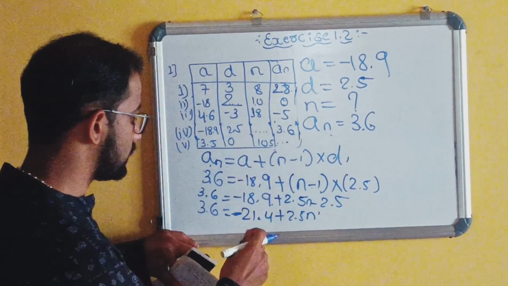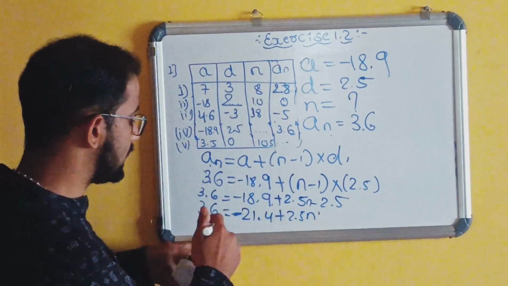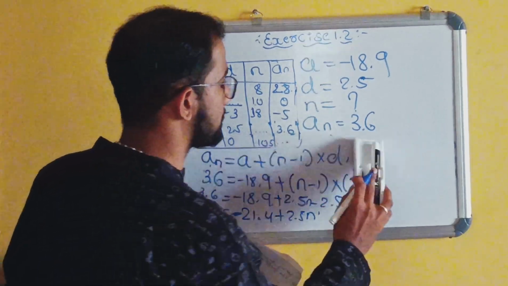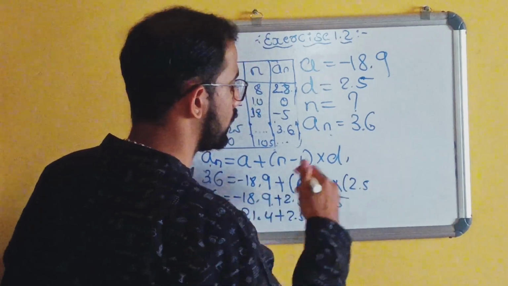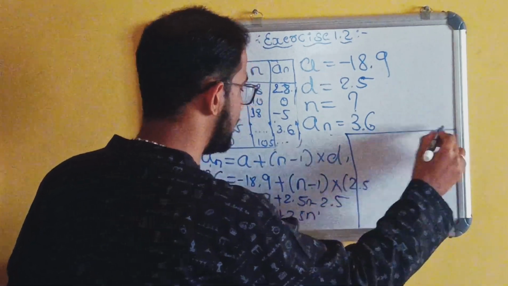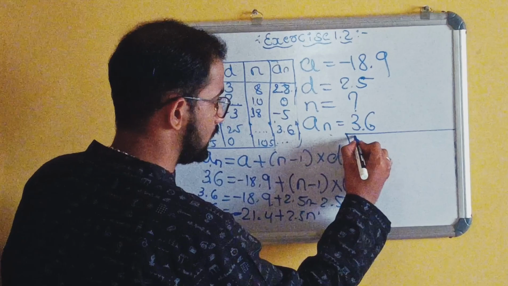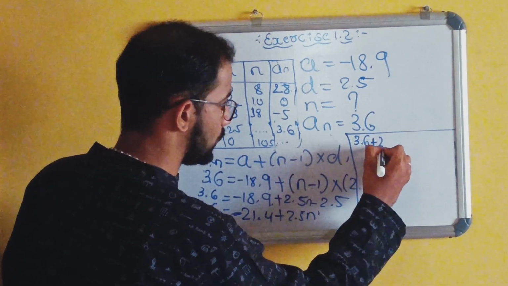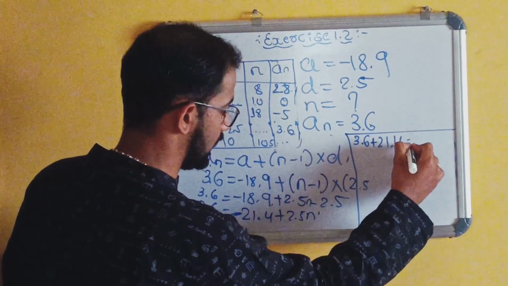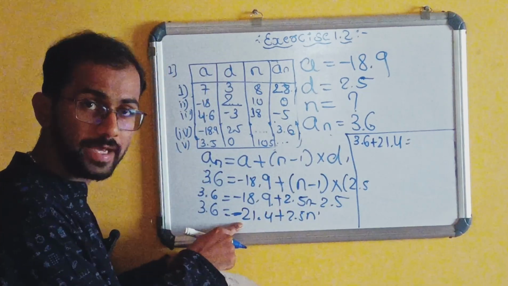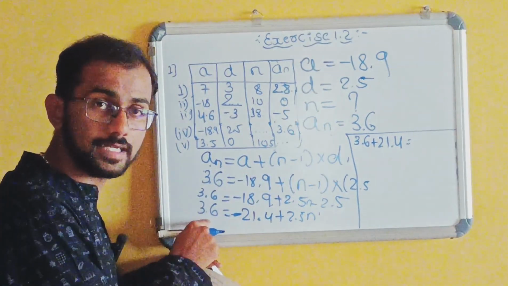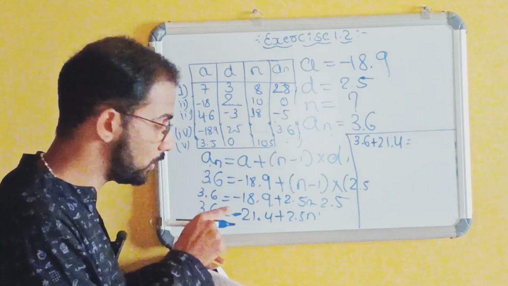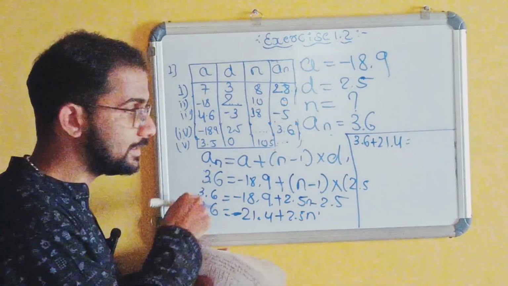2.5 N. Now if you shift this to the other side, what we are getting, 3.6 plus 21.4. If you shift this minus 21.4 to the other side, it will become plus 21.4 and again plus 3.6.